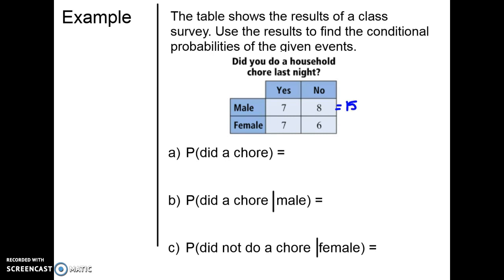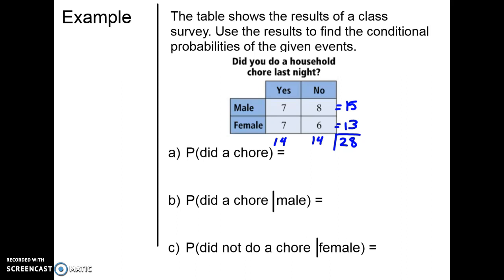We'd have 15 males, and females we would have 13. And then tallying up the column, there'd be 14 that said yes, and there'd be 14 that said no, which means that we have a total of 28. And so the male and the female and the yes, did they do household chores last night or not? Those are the conditions that we're putting on this.